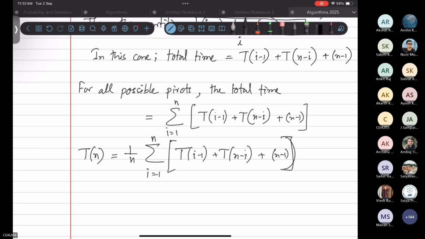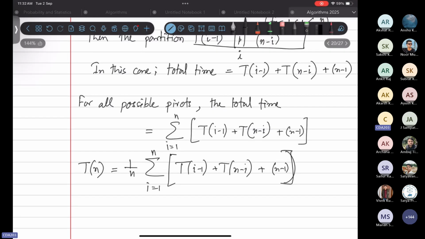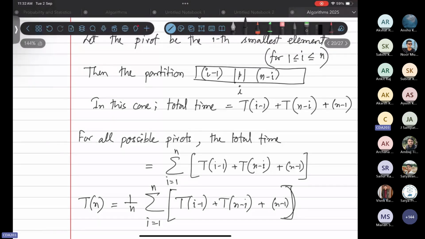But getting to this equation is the conceptual thing. You have to follow these arguments, how we are getting this expression for Tn. Again, this is a recursive expression for Tn. That's fine. Should I proceed?